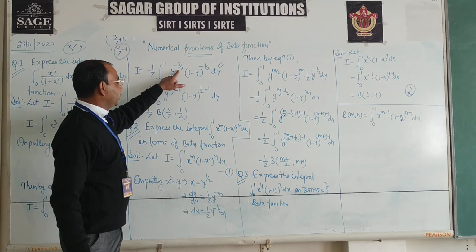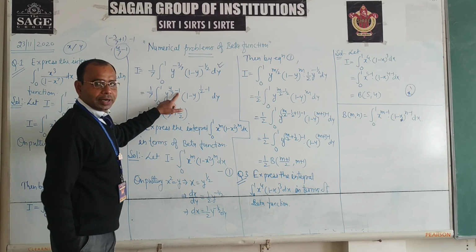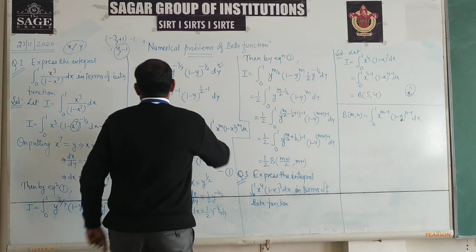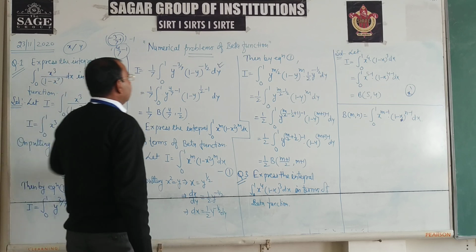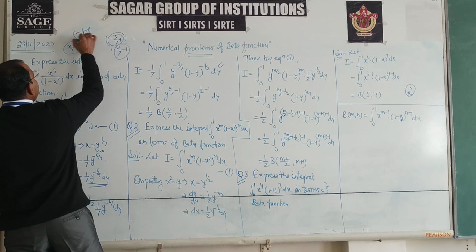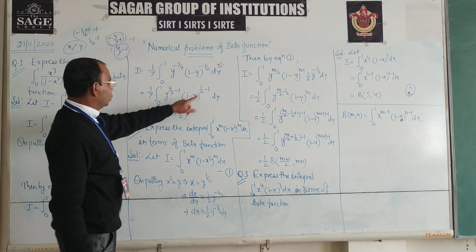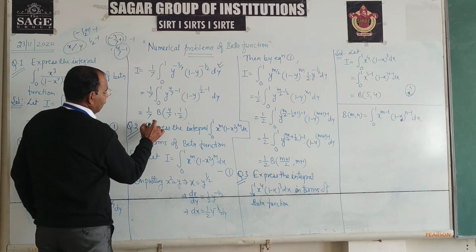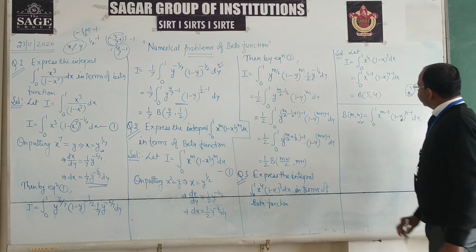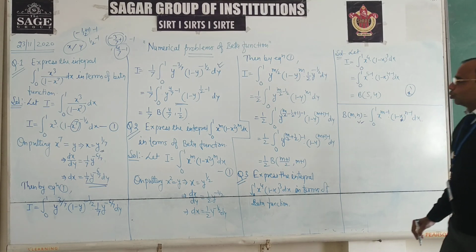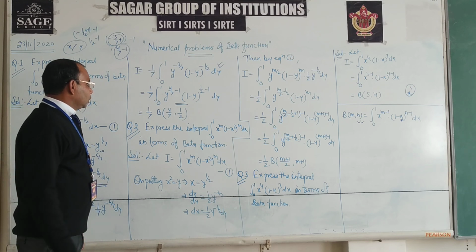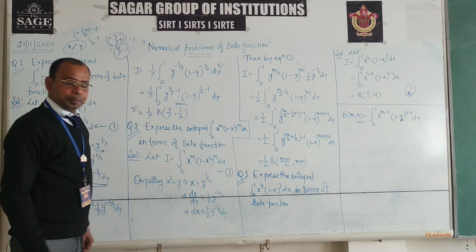Similarly, minus 1 upon 2, plus 1 and minus 1, gives 1 by 2 minus 1. Then 1 upon 7 times this term belongs to the beta function. There is no hesitation to write beta(m, n), where m is 4 upon 7 and n is 1 by 2. This is in terms of the beta function.